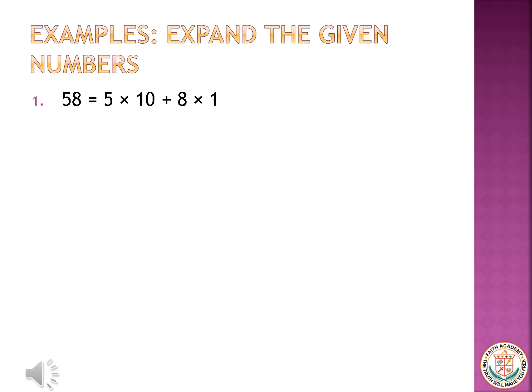So we expand it as 5 into 10 plus 8 into 1, which means 5 tens and 8 ones. Next example 346. Again 6 is in the ones place, 4 in the tens place, 3 in the hundreds place. So we expand it as 3 hundreds, 4 tens and 6 ones.